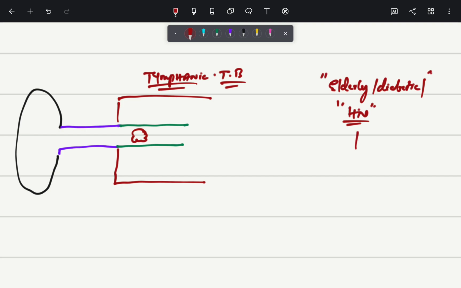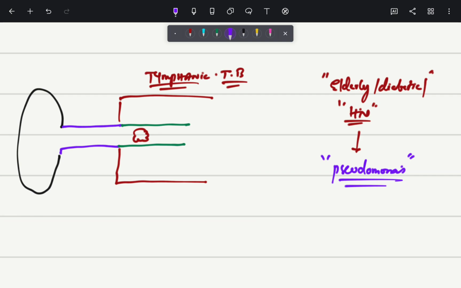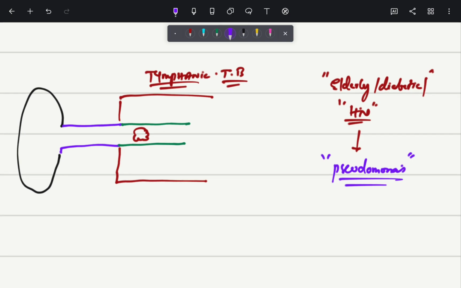These people are at increased risk of developing Pseudomonas infections. Pseudomonas loves to eat bone, especially the bony part of the external auditory canal. Eventually this Pseudomonas will eat the bone and enter the tympanic part of the temporal bone.